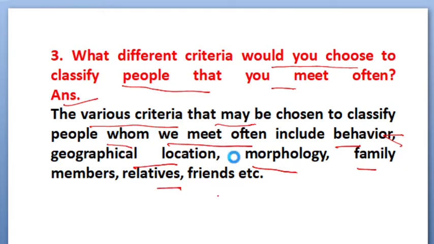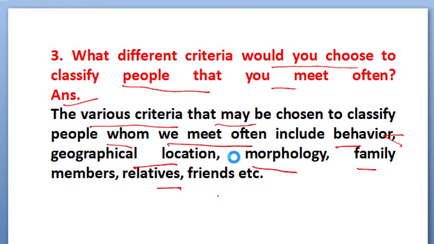Okay, now we'll discuss question number 4. What do we learn from identification of individuals and populations?